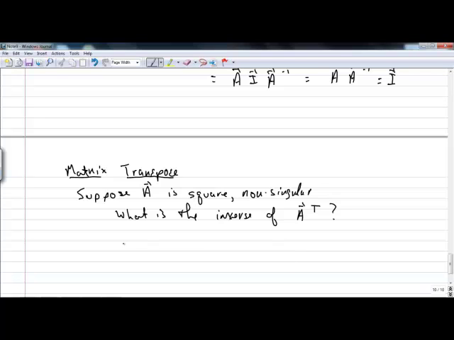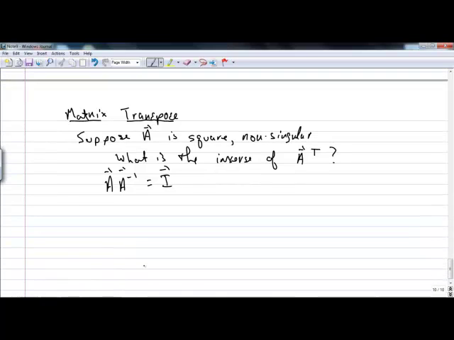Well, in order to figure this out, I need to be able to reverse the order of the multiplication. So I know that A times A inverse is equal to I, the identity matrix. And now if I take the transpose of both sides, I can reverse the order of the multiplication.